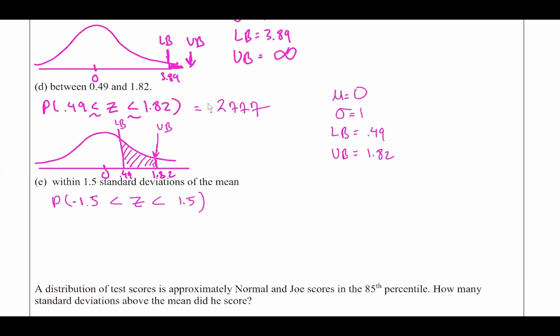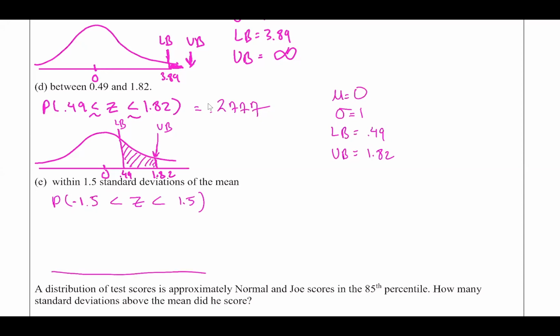Since we want to be within 1.5 standard deviations of the mean, that means from the mean, which is 0, we're going to add 1.5, and we're also going to subtract 1.5. Because if I go to the left-hand side, you have to subtract that 1.5 standard deviation, but if I'm going to the right-hand side, you have to add it.